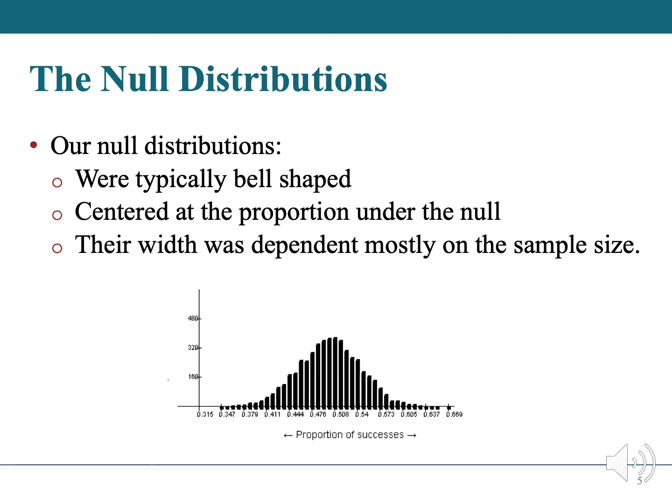Now the width of this null distribution, as we saw before, would vary by the sample size. We would get a narrower null distribution for a large sample, wider distribution for a smaller sample.